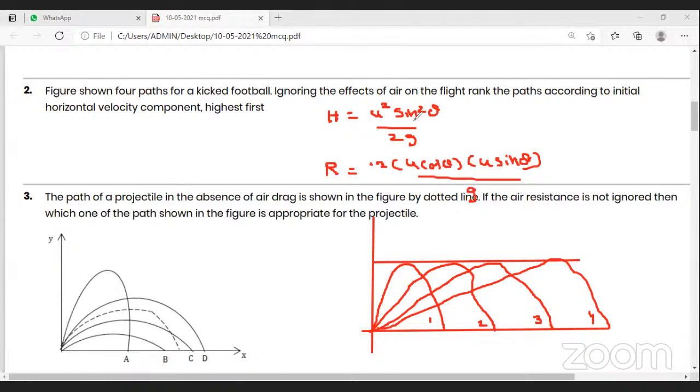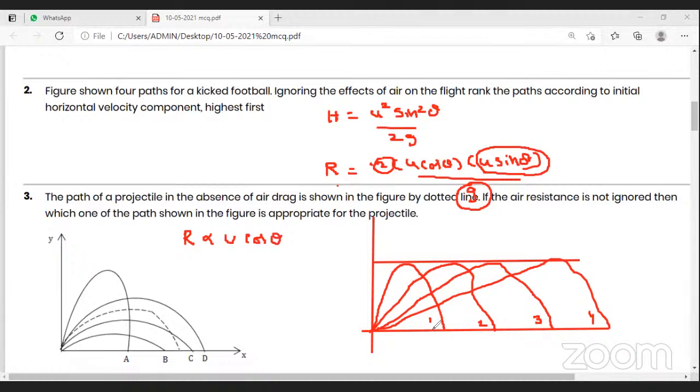And from the above equation, since h is constant, u sin theta always remains constant. U sin theta is constant, g is constant, 2 is constant. That means range depends on which factor? U cos theta only. Range is directly proportional to u cos theta.